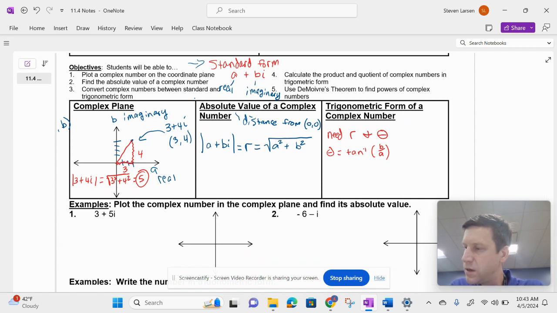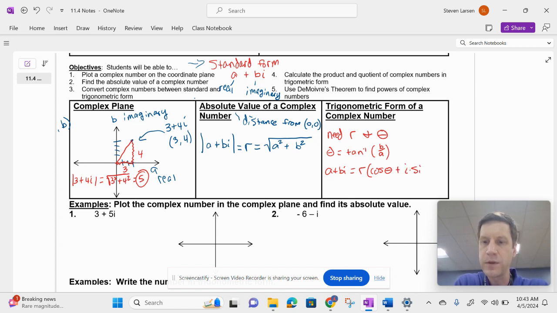But let's see, once you have r and theta, the trig form for a plus bi is going to be r times cosine of theta plus i times sine of theta.